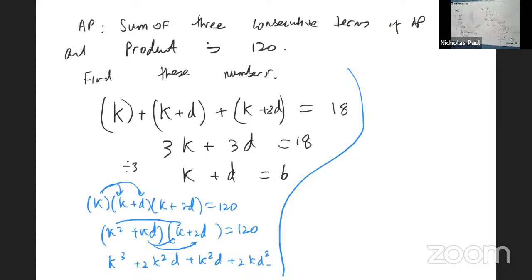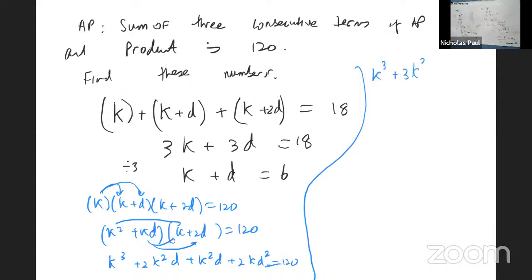All of that is equal to 120. So we can simplify it a little bit. K cubed plus 3K squared D plus 2KD squared is 120.